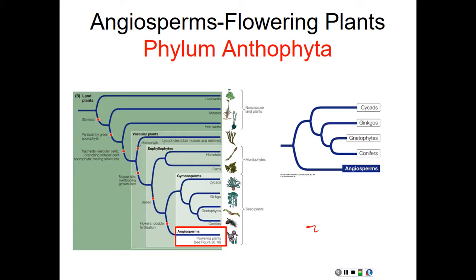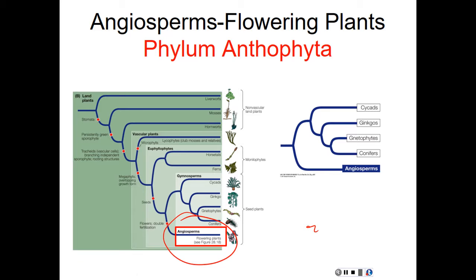The two structures that are integral to the angiosperms are flowers, which are structures specialized for sexual reproduction, and fruits, which are actually the mature ovary and sometimes other portions of the plant that surround the seeds. So here's our little phylogeny. There's our angiosperm group there.